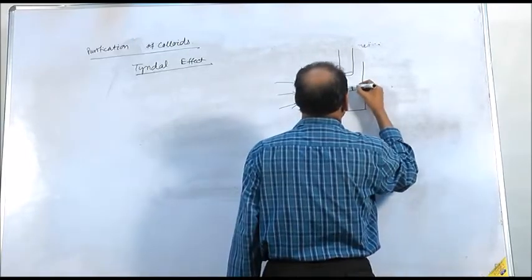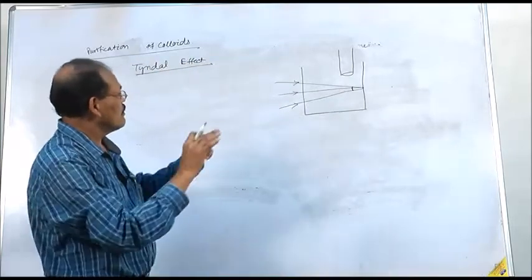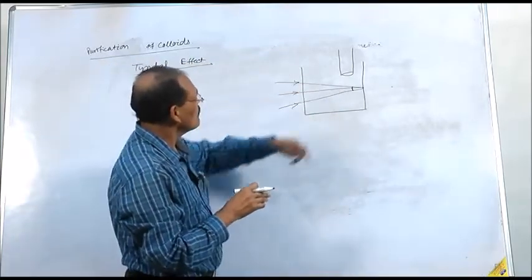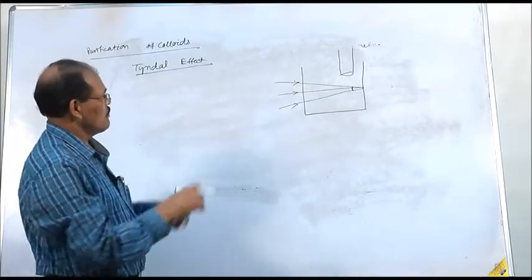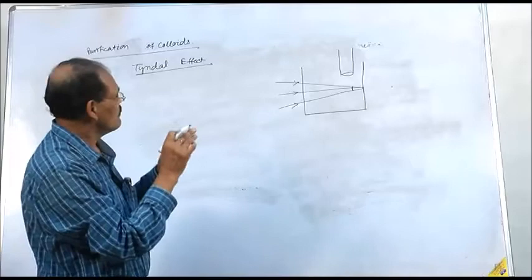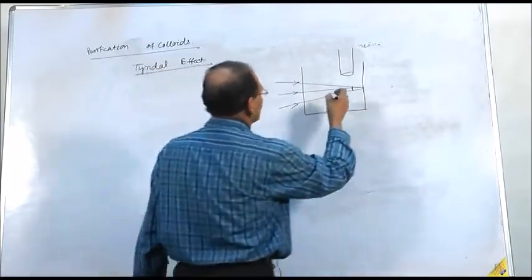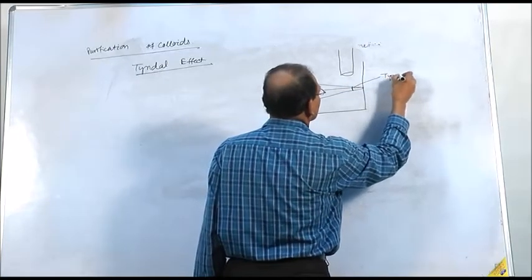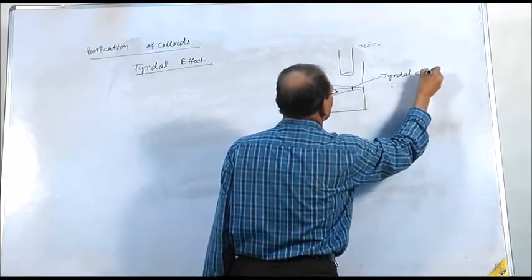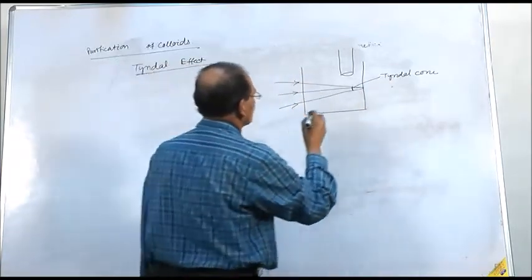This forms streaks of light whenever light falls on the colloidal particles. By observing this, it forms a cone-like structure, and this cone is known as the Tyndall cone, and this process is known as the Tyndall effect.